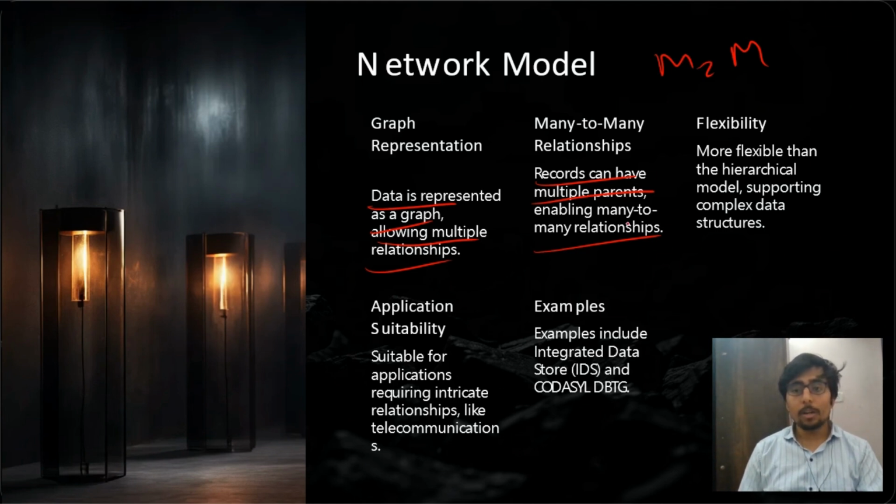For example, one product cannot be dependent on more than one product in hierarchical, but in the network model it can be solved. You can take many real world examples that we might be discussing further. It's suitable for applications requiring intricate relationships, like the telecommunication industry. So you can use these in the telecom industry. That was the limitation which was not possible in the hierarchical database model.